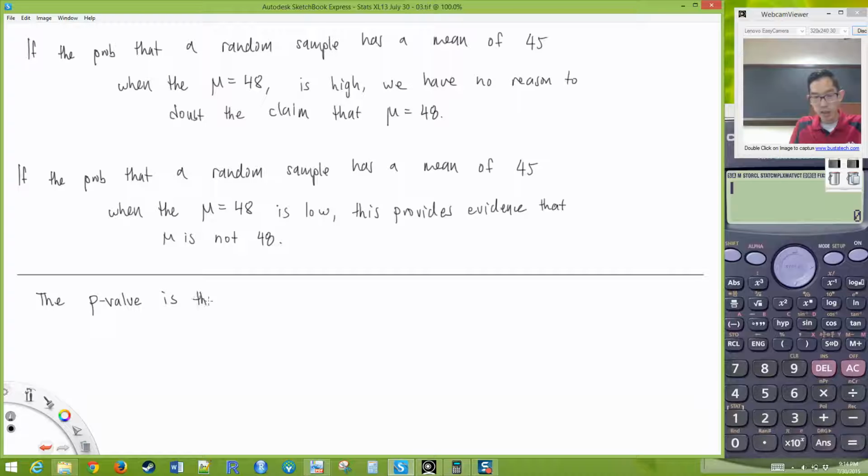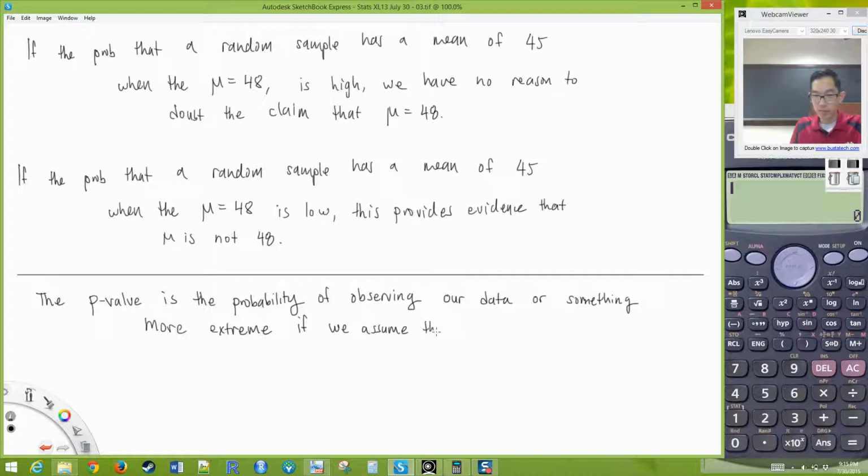The p-value is the probability of observing our data or something more extreme if we assume that our null hypothesis is true.